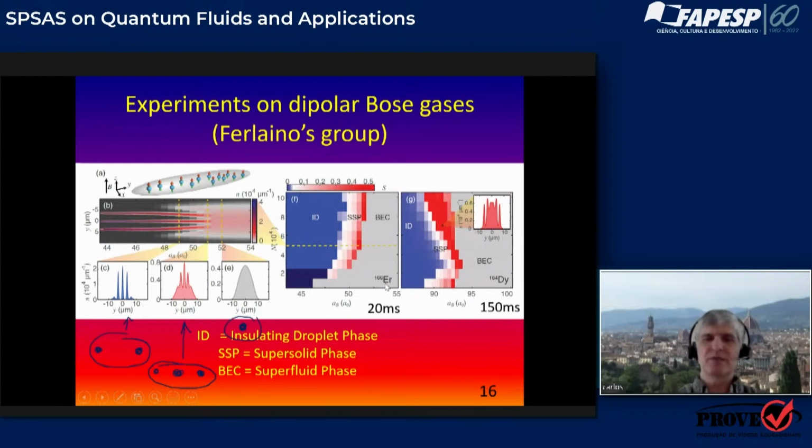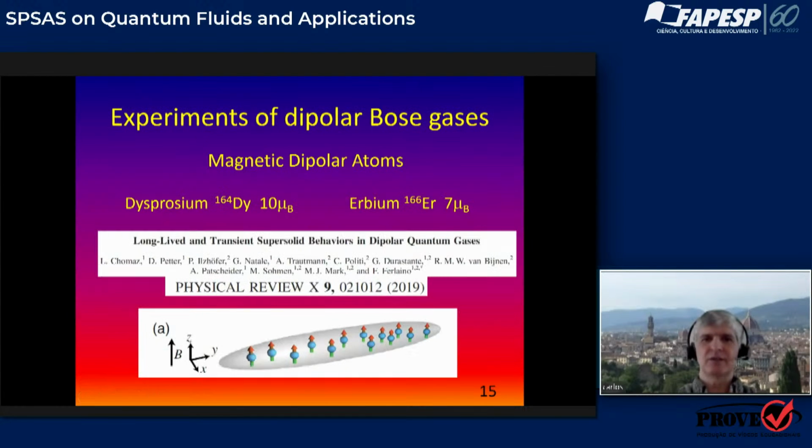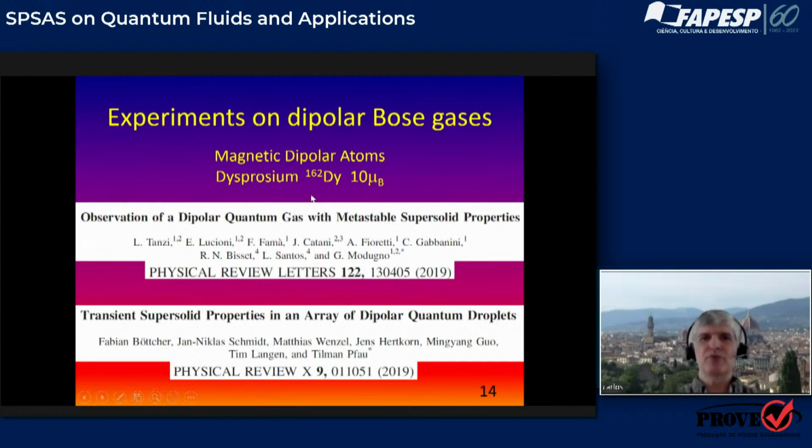The case of erbium-166 in Ferlaino's group lasts about 20 milliseconds. And the other 2 experiments both use dysprosium-162, but their lifetimes are about 20 to 30 milliseconds.